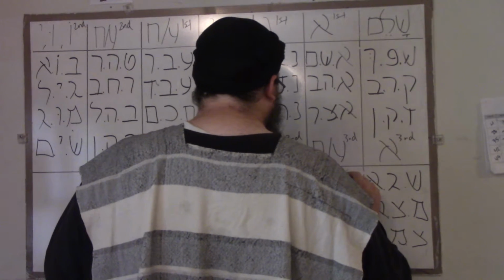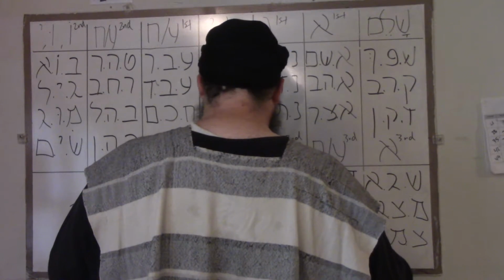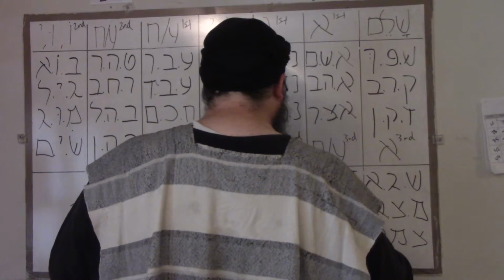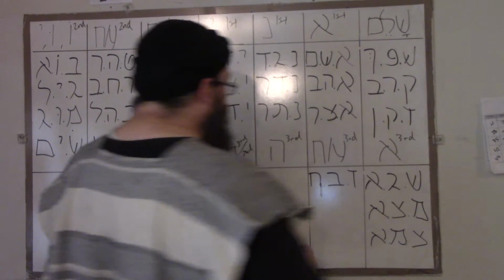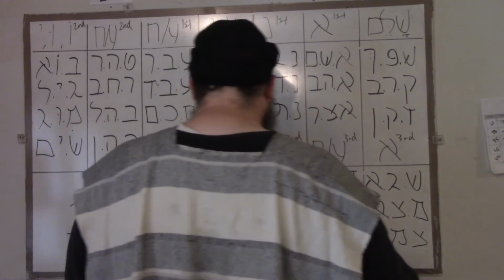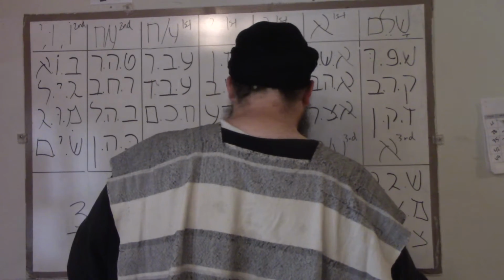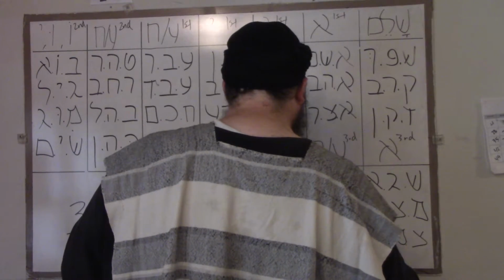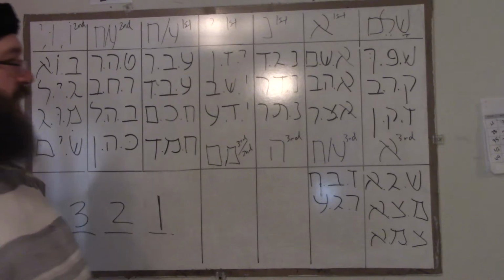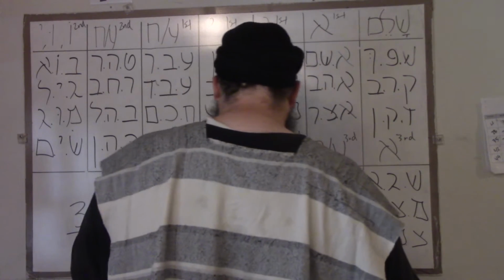And then of course we have Zayin, Bet, Chet. Here we're looking at the last root letter, where the Chet is placed in the last root part. Resh, Gimel, Ayin, we see once again in the third root letter.